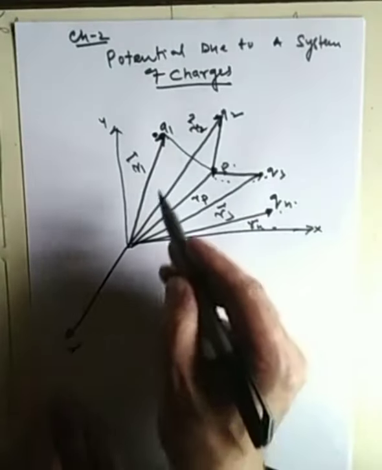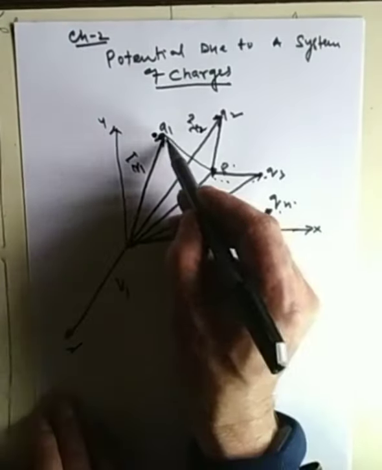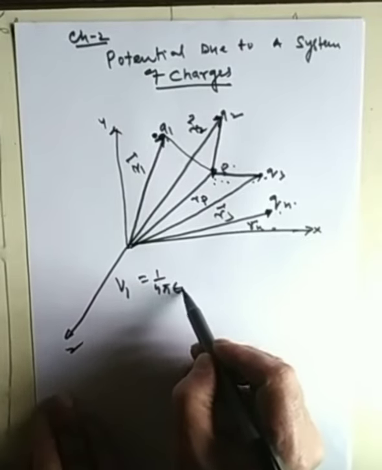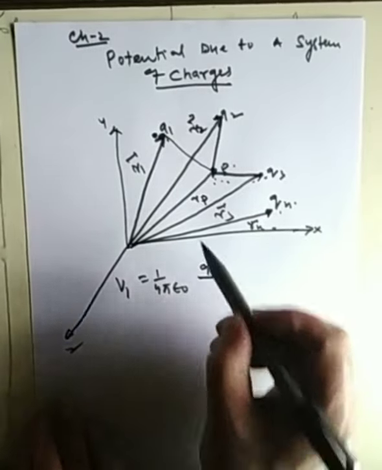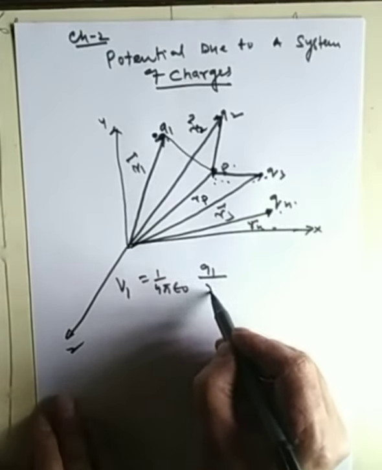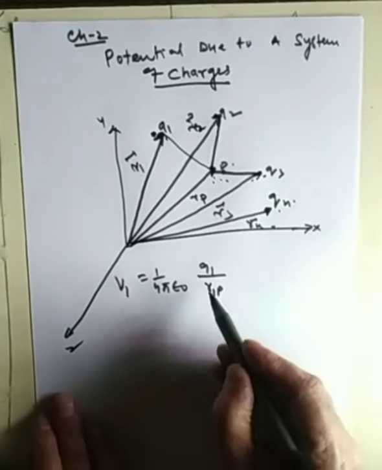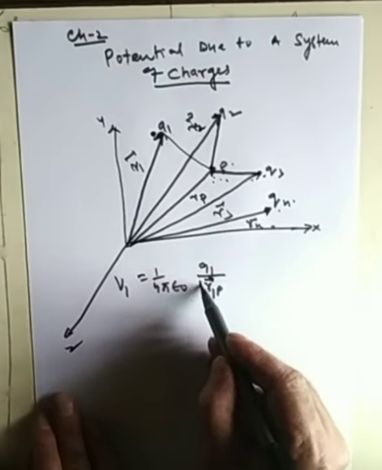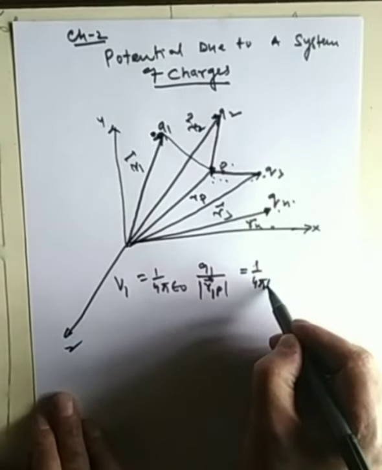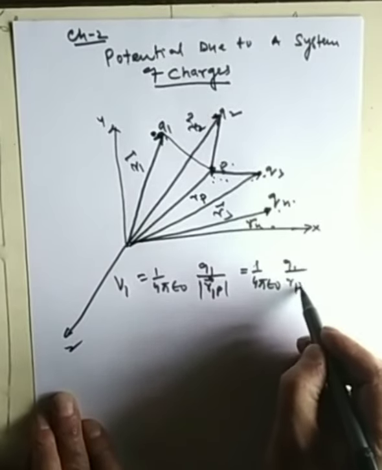Now, we know that potential V1 due to charge Q1 at P is equal to 1 by 4 pi epsilon 0 Q1 and this distance R1P. ठीक है? इसको ऐसे भी लिख सकते हो डायरेक्टली, या सिंपली इसको 1 by 4 pi epsilon 0 Q1 by R1. ठीक है?